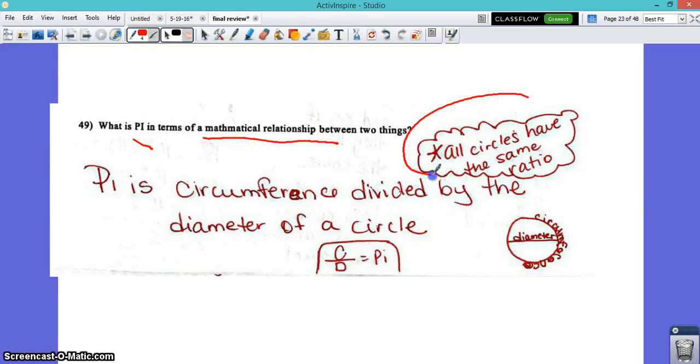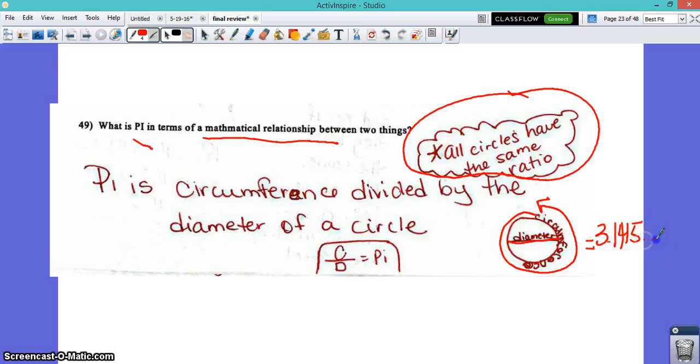All circles have the same ratio, which means that if you take a circle's circumference around it and divide it by the diameter, which is going straight across, then you will get pi, or 3.1415, etc. Okay?